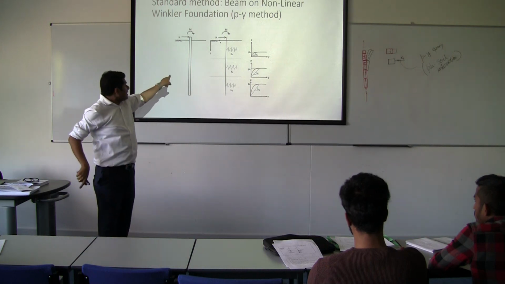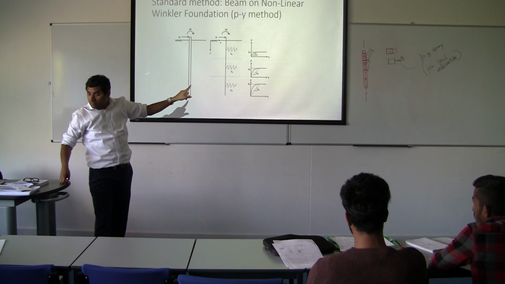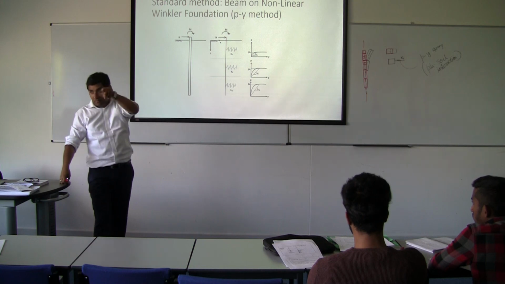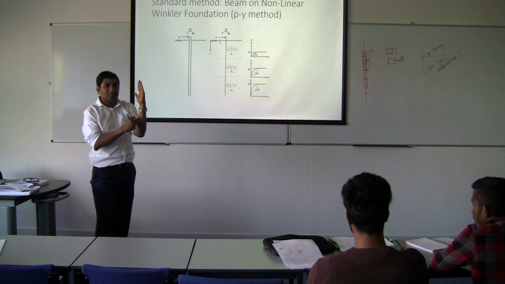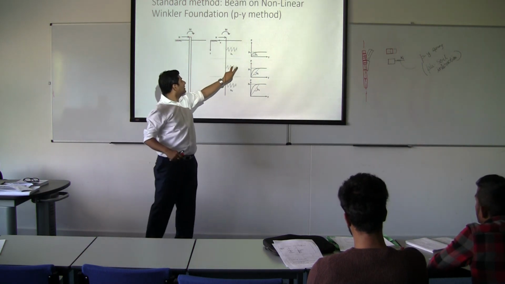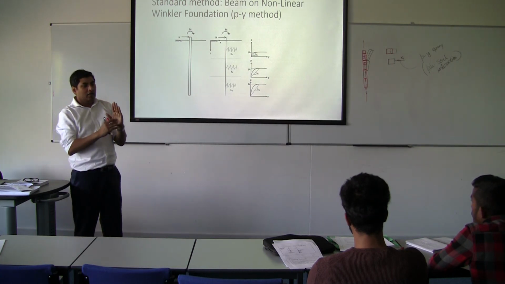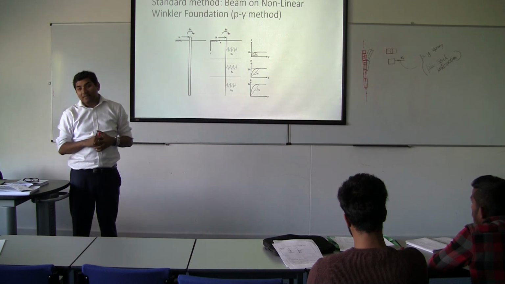So in this model, we model the pile as a beam, a laterally loaded beam. The beam is loaded laterally by load. It is supported on many springs. They are the P-Y springs. They are springs, right? And so therefore these springs must represent the soil.